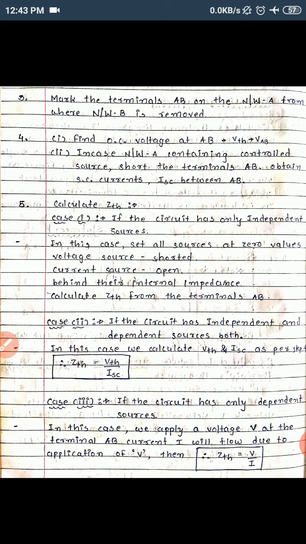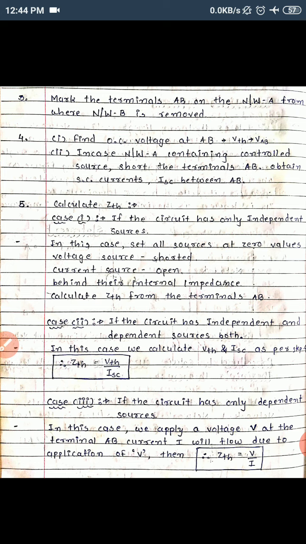Step number 4, find the open circuit voltage at AB, or we can say Thevenin open circuit voltage, or VTH, or VAB. All are the same. So find the open circuit voltage at terminal AB.